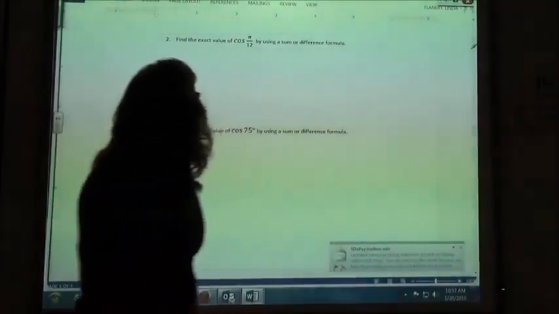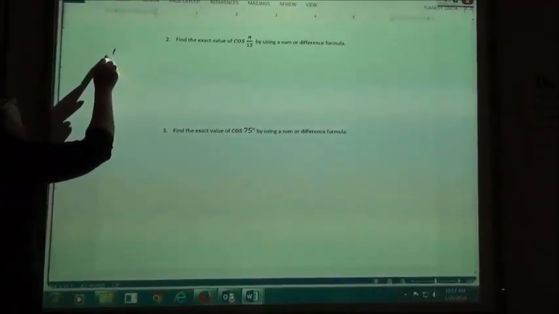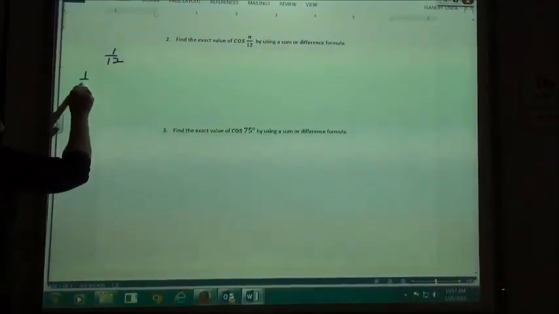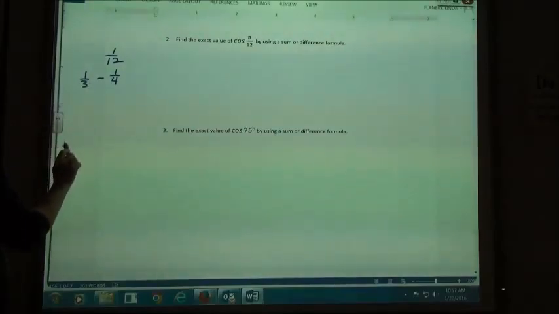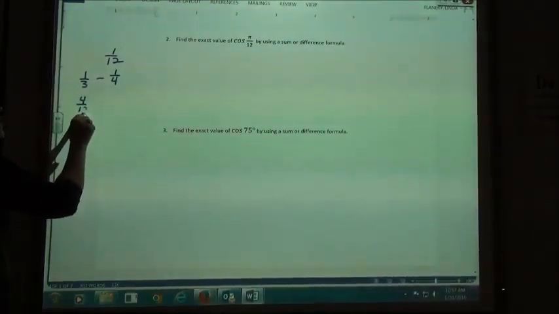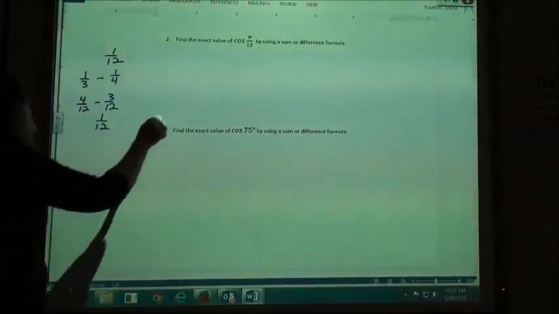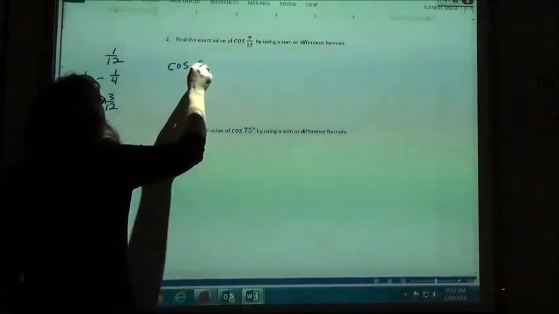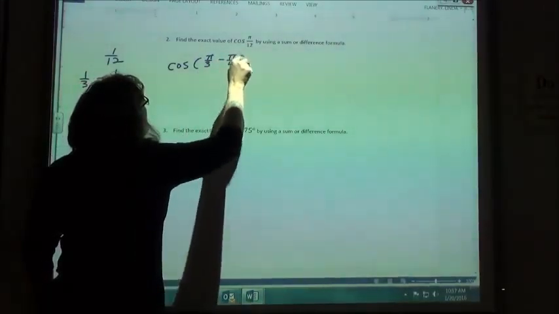So on the next one, if I'm finding the cosine of pi over 12, I want to think of that as 1/12. And how can I get 1/12? Well, I can get 1/12 if I take 1/3 minus 1/4, because with a common denominator I would have 4/12 minus 3/12, which is 1/12. So I'm going to say that this is the cosine of pi over 3 minus pi over 4.